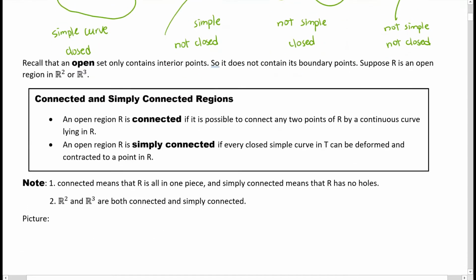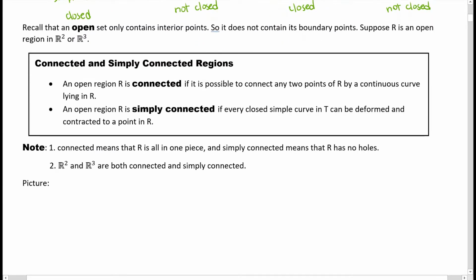Next, let's talk about some regions. We call an open set one that only contains interior points, so it does not contain its boundary points. Suppose R is an open region in R2 or R3. Let's look at the following definitions.